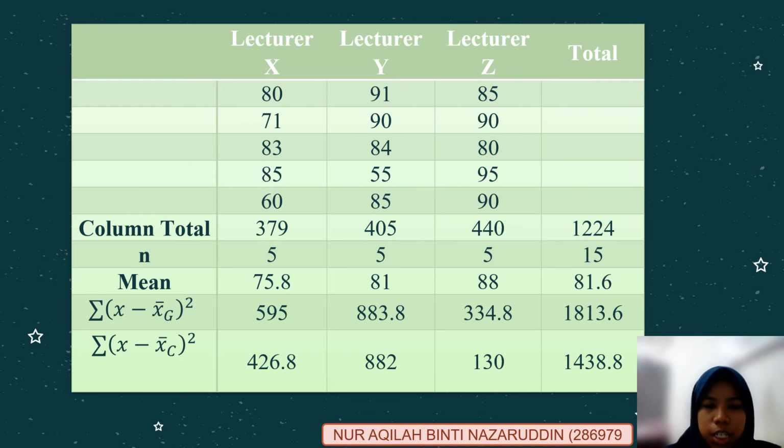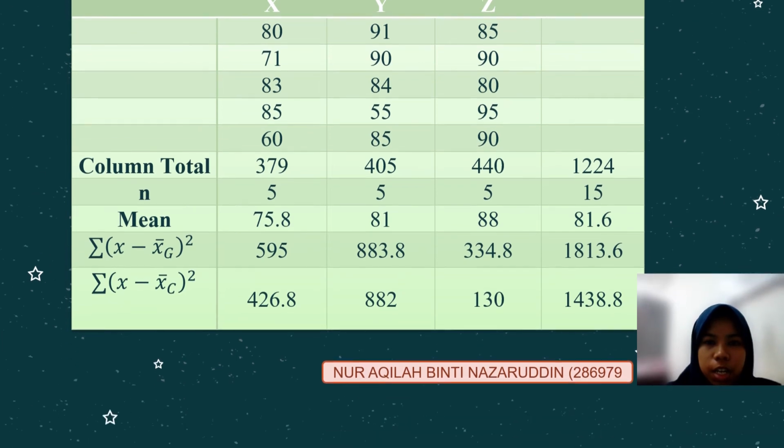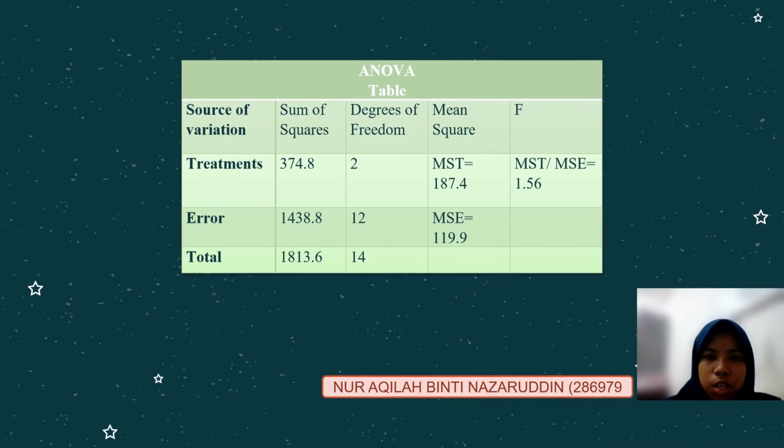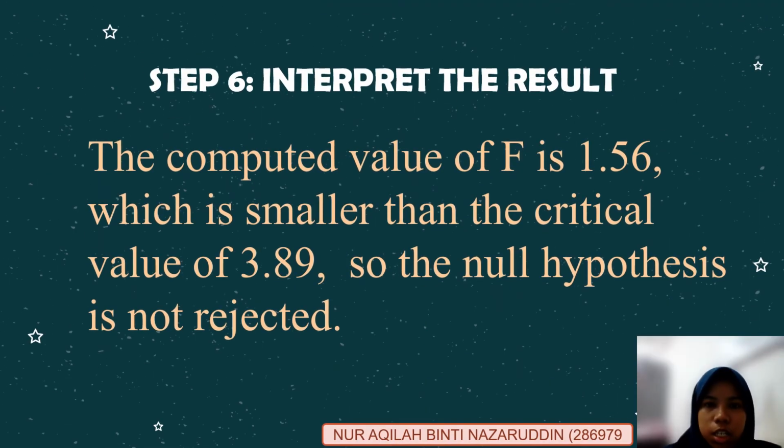So we use the formula given. Next is another table that we get. As you can see, in computed F, we got 1.56. Next, the computed value of F is 1.56, which is smaller than the critical value of 3.89, so the null hypothesis is not rejected.